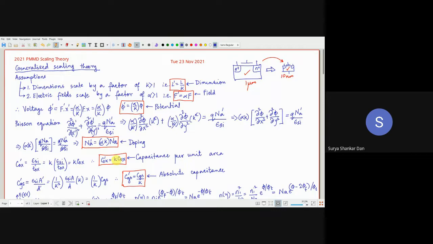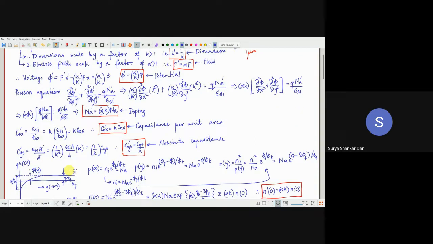On the contrary, the absolute capacitance or the terminal capacitance, as you can see here, that will also have the area factor, right? Usually this area, what is that? That is W into L. Correct. So we can essentially put here W into L also. Okay.